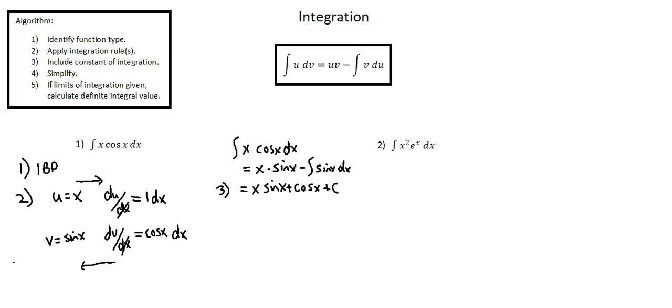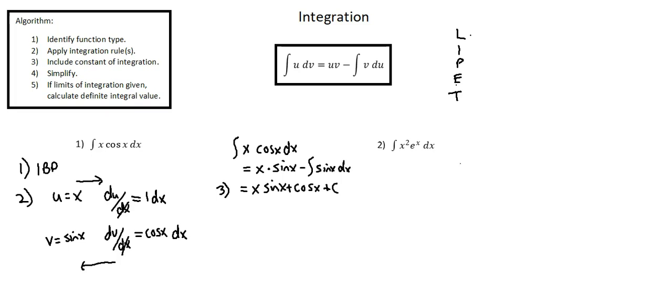Now let's go back and talk about the decision to assign x to u and cosine x to dv. That decision is based on LIPET. LIPET is the order of functions that we want to assign to u.